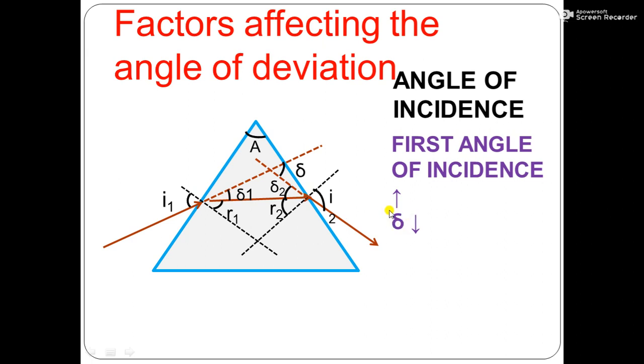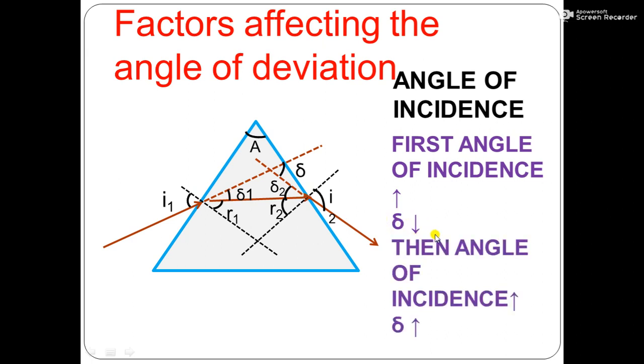First, the angle of deviation will decrease, and after a certain point, the angle of deviation will start increasing with the angle of incidence. Let us discuss this with a graph.